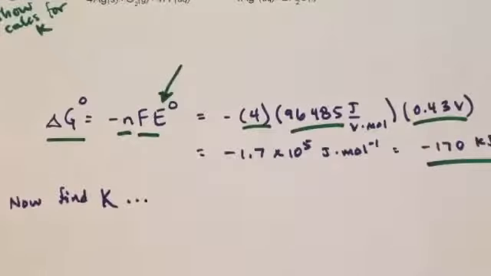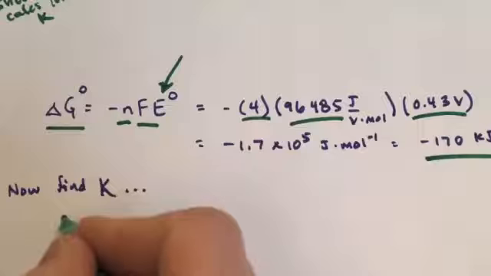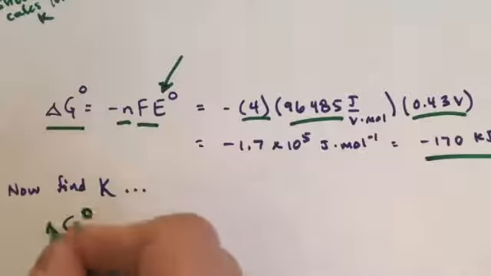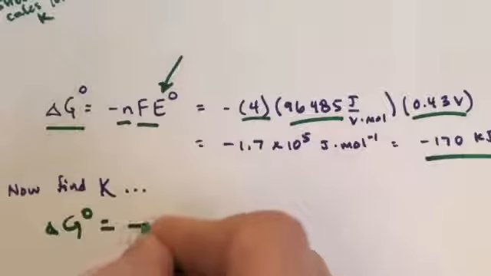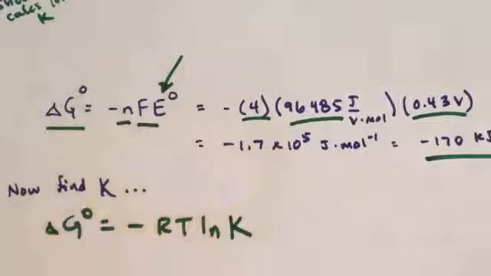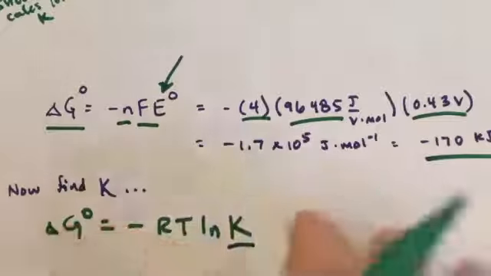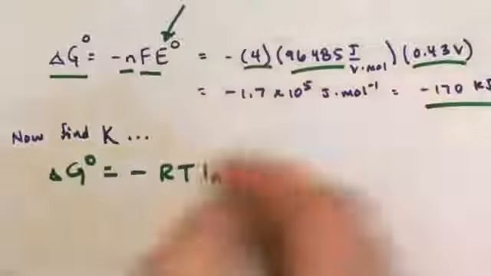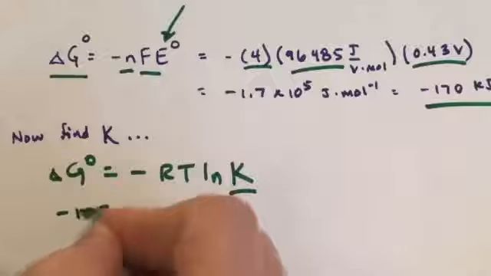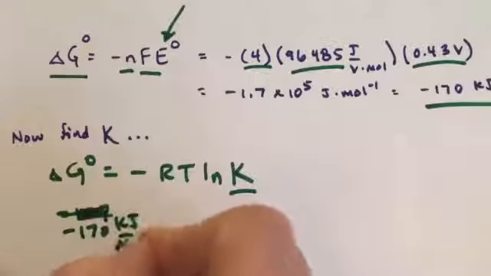Now find K. If you remember back from chapter 19, there was a relationship between G and K, where G, and in this case it's G circle because it's at standard conditions, is equal to negative RT natural log of K. Of course our goal here is to find K. We know G, make sure it's in kilojoules per mole, is negative 170 kilojoules per mole.